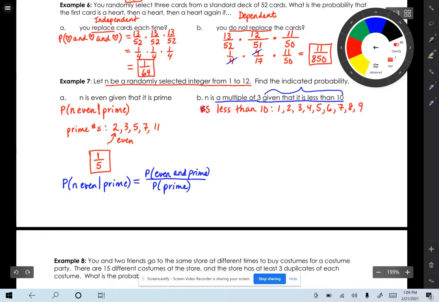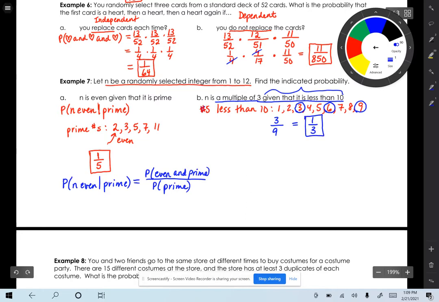And then you need to figure out which ones are multiples of 3. Obviously, start with 3. 6 is a multiple of 3, and 9 is a multiple of 3. So that would be 3 numbers out of 9, which is 1/3. And I won't write the formula since we wrote it for the previous problem.